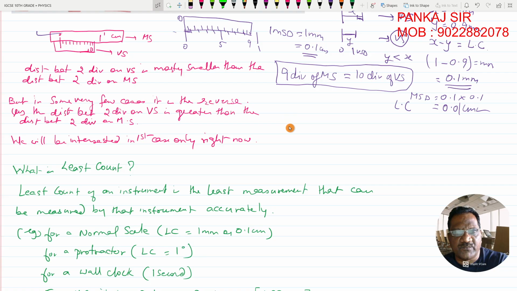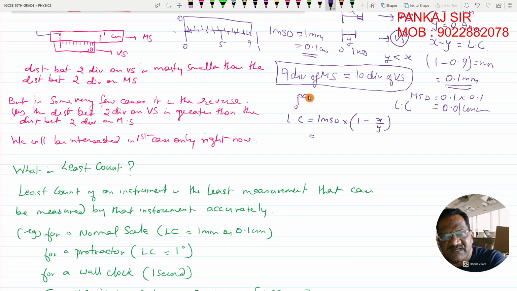As I told you, the formula for least count is equal to 1 main scale division multiplied by 1 minus x upon y. Now, what is 1 main scale division in a vernier caliper? 1 main scale division is 0.1 centimeter.